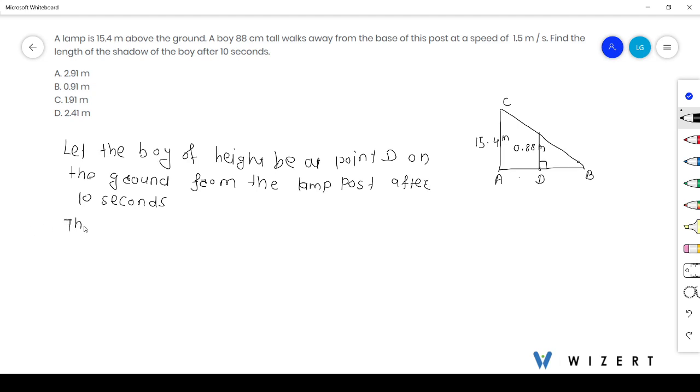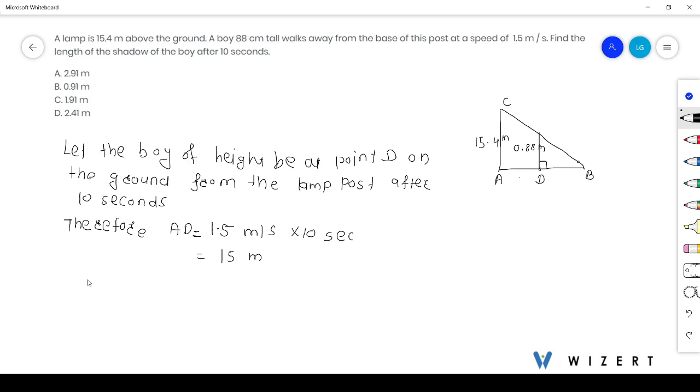Therefore, AD is, we have given it as 1.5 meter per second, and after 10 seconds that is 1.5 meter per second into 10, that is 15 meter.